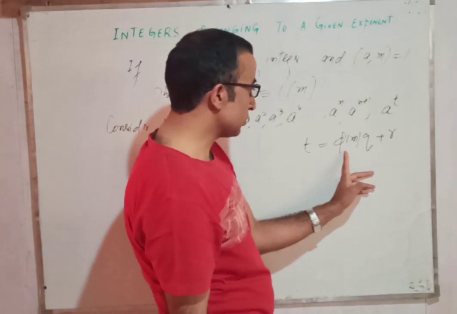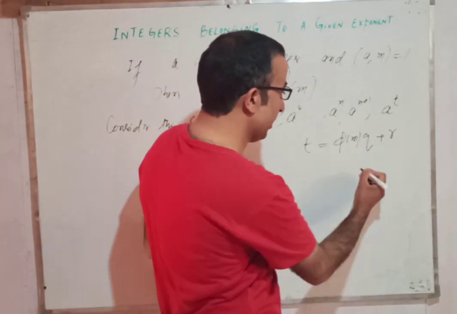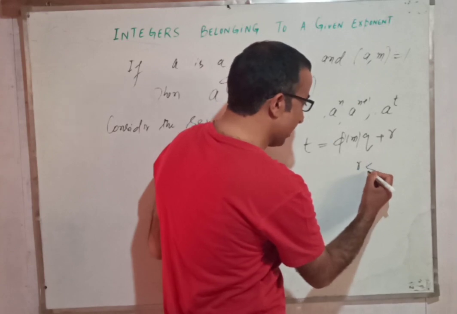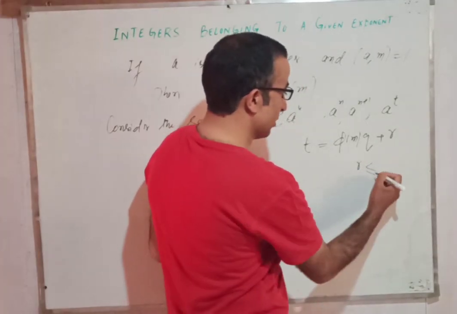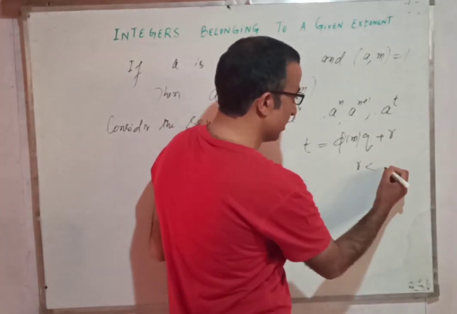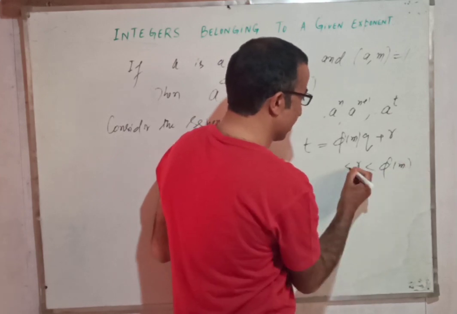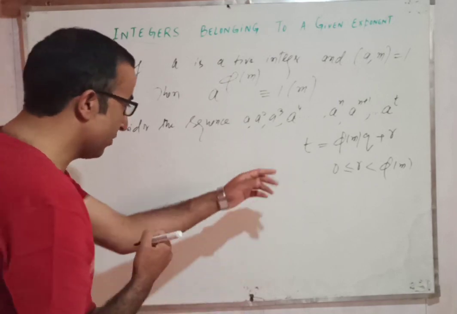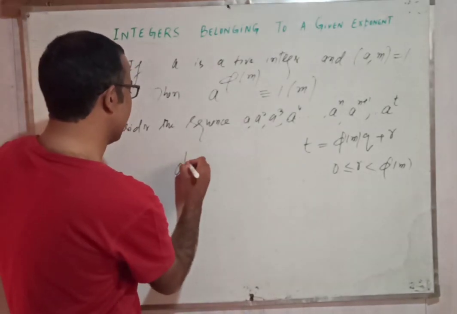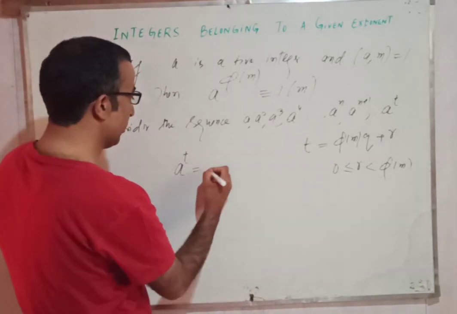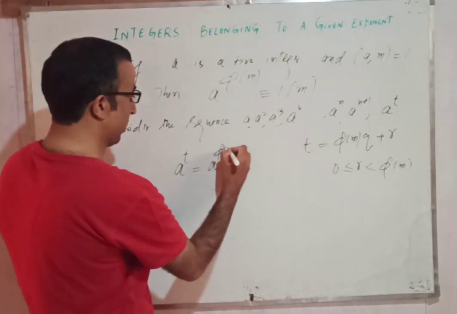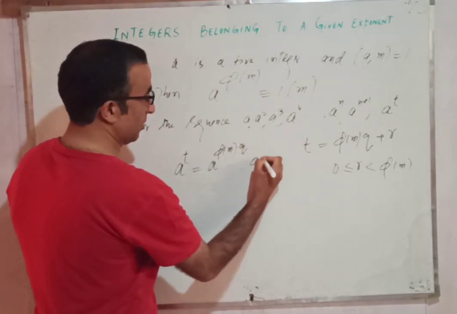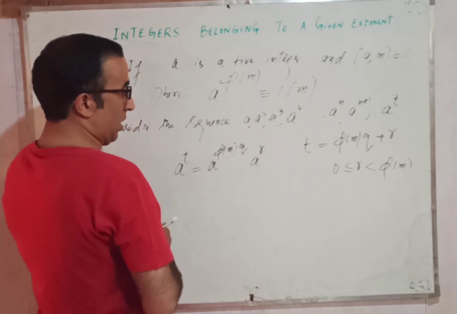Then this r will be less than phi of m and greater than or equal to 0. Now if I calculate a power t, what is a power t? That will be a power phi of m into q into a power r.